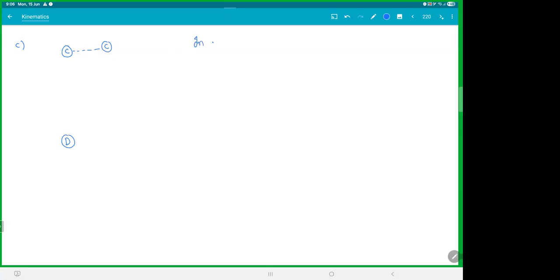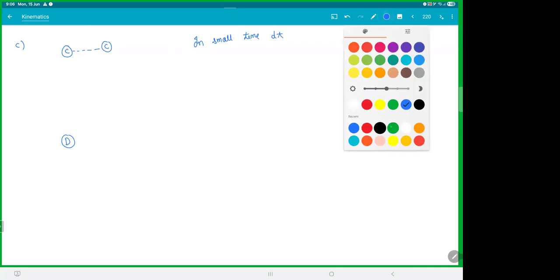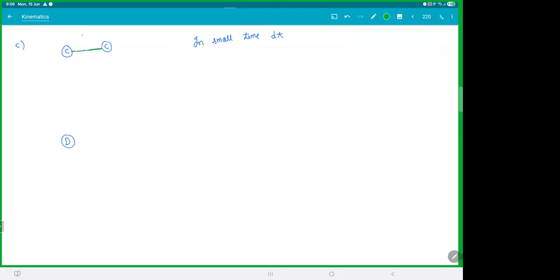The important thing is we take a very small time dt. In small time dt, the cat will travel a distance of u dt. Now this dog initially was looking at the cat at this position. Now suddenly it will move a little, but we can just adjust that. So velocity becomes towards this side. So the dog ka head turns a little in the dt time.